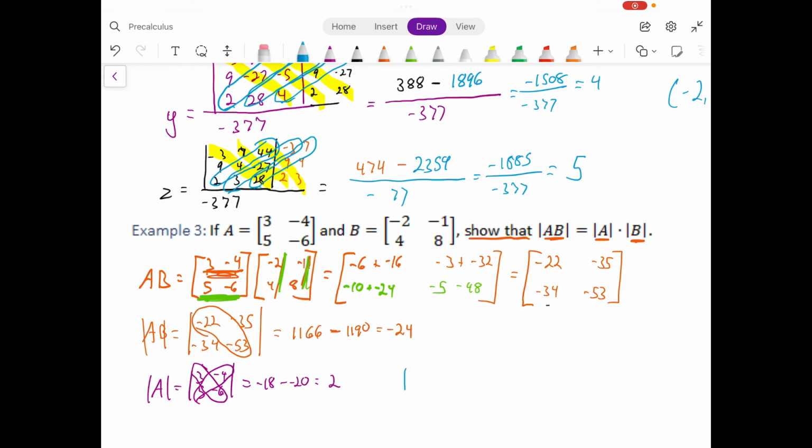And then we'll do the determinant of B. And that's negative 16 minus negative 4, which is negative 12. And so the determinant of A times the determinant of B is 2 times negative 12, which is negative 24. And so we showed that those two things are equal to each other.